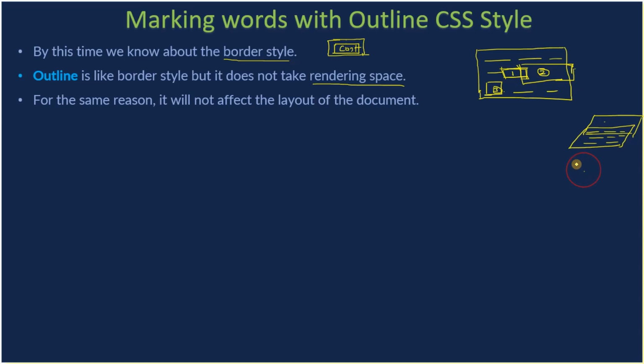So if the document is flowing like this, and if you put an outline, the outline will appear like an overlay. It's like you have a paper sheet, and on top of the paper sheet you place a glass sheet, and in the glass sheet you draw the border, right? That's what is called overlay. So outline will work like that.